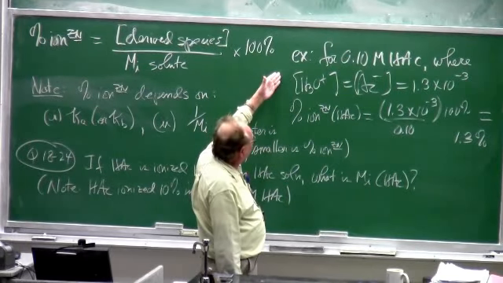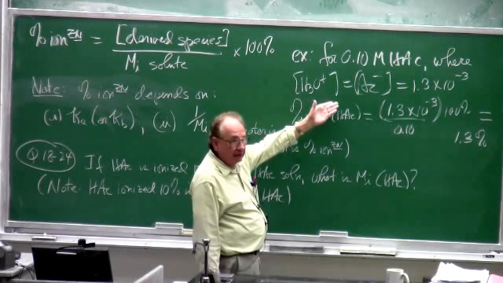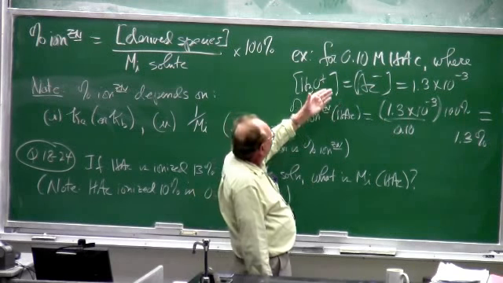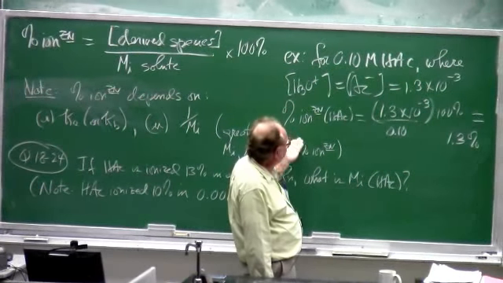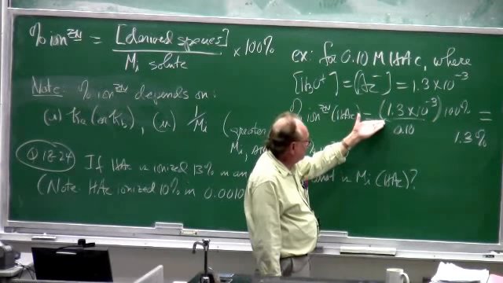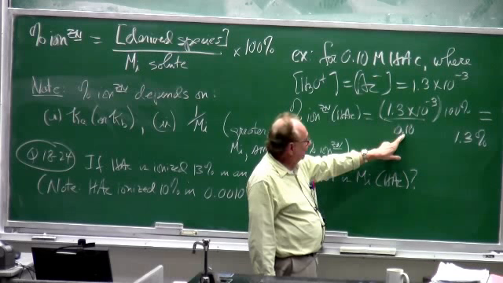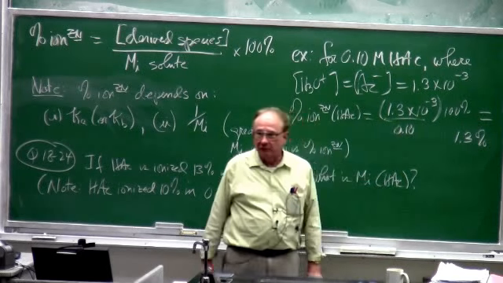For 0.10 molar acetic acid solution, we've already determined that the hydronium ion and acetate ion concentrations are each 1.3 times 10 to the minus 3. So percent ionization of acetic acid is 1.3 times 10 to the minus 3 divided by M sub I times 100%: 1.3%.